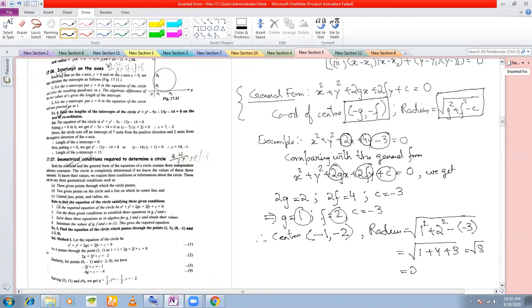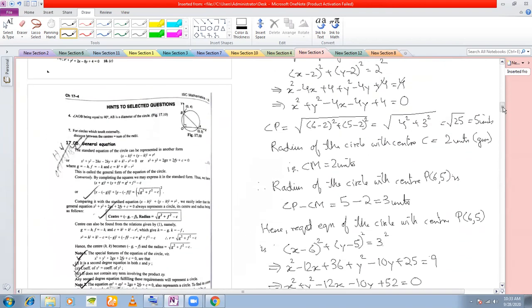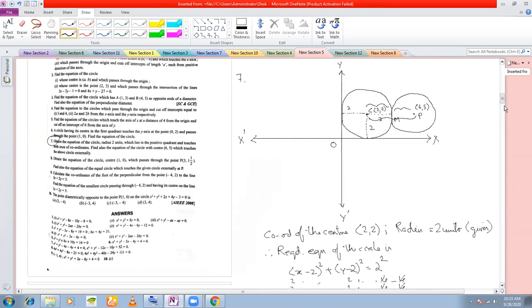So you get 2 root 2 units. Okay, so from this general form, I'm directly getting the center and the radius of the circle. That is the utility of the general form. Okay, so that is what the general form was all about.